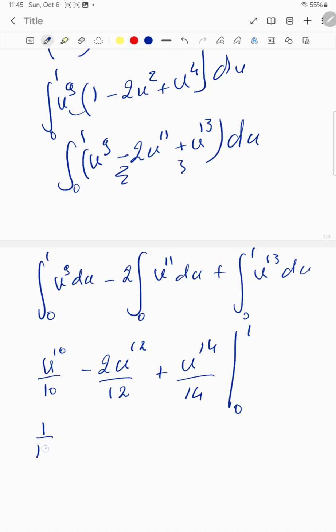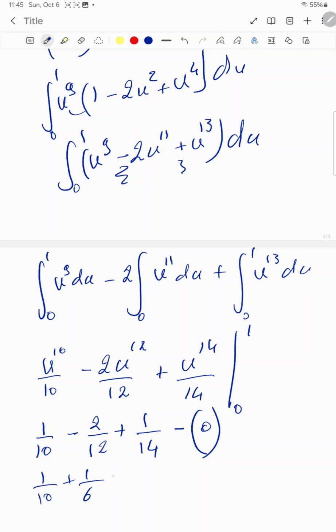It becomes 1 divided by 10 minus 2 divided by 12 plus 1 divided by 14, minus, and I open my parentheses, I replace u by 0, so it becomes 0 minus 0 plus 0, it's minus 0. So it becomes 1 divided by 10 minus 1 divided by 6 plus 1 divided by 14. And you can add those fractions, and that would be your final answer.